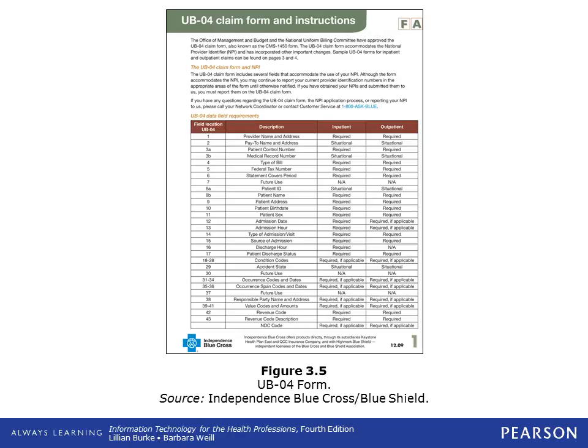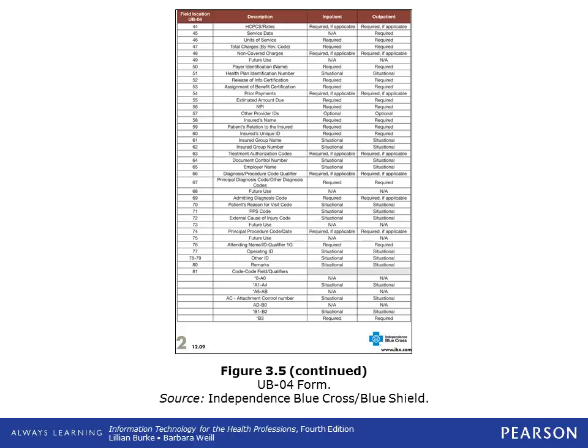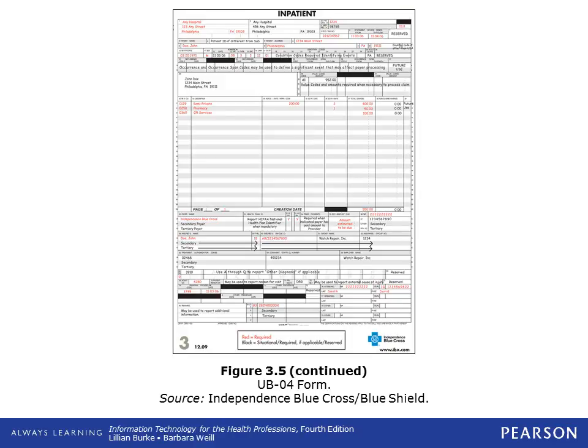The UB04 claim form, you mostly see that being submitted as it relates to hospital and Medicare patients. There are two slides that show the claim form and instructions, but the next two slides actually show you the actual UB04 form.